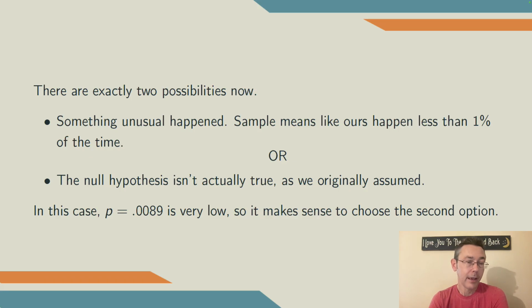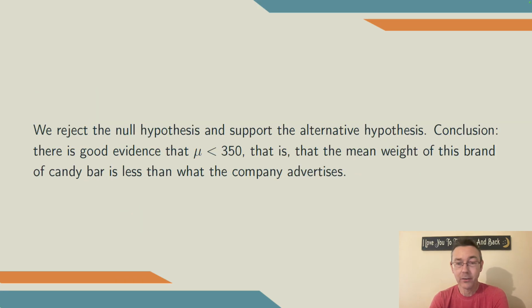In this particular case, our p-value of 0.0089 is very low, so it makes sense to choose the second option. We reject the null hypothesis and support the alternative hypothesis. Our conclusion is that there's good evidence for that alternative, that the mean is less than 350 grams. In other words, we have good evidence that the mean weight of this brand of candy bar is less than what the company advertises.